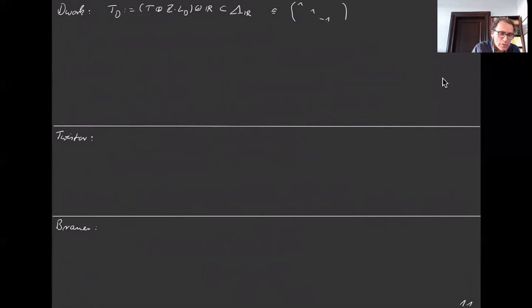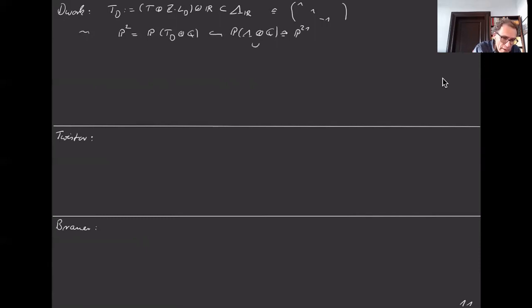So there are two positive eigenvalues and one negative. If I look at the complexification and then projectivize it, then I get a projective plane inside this 21-dimensional projective space we had when describing the period domain in general.